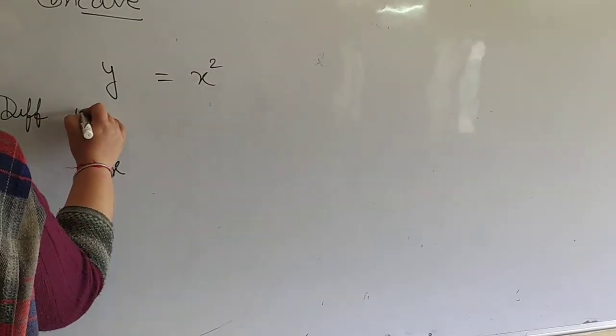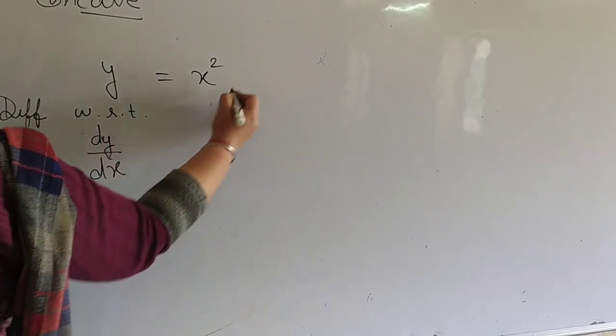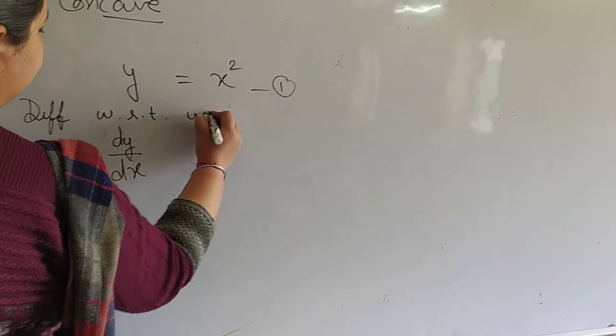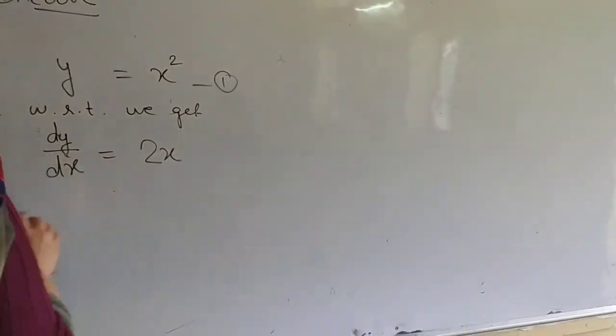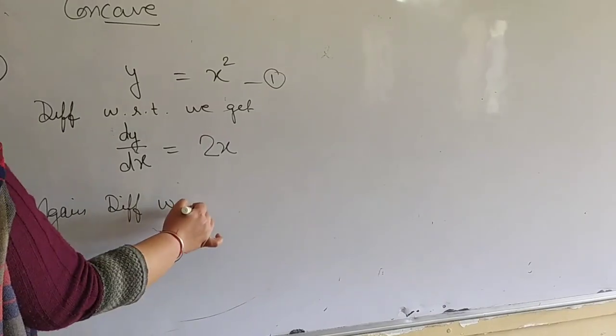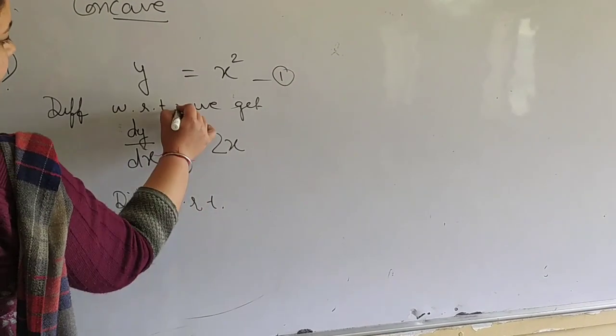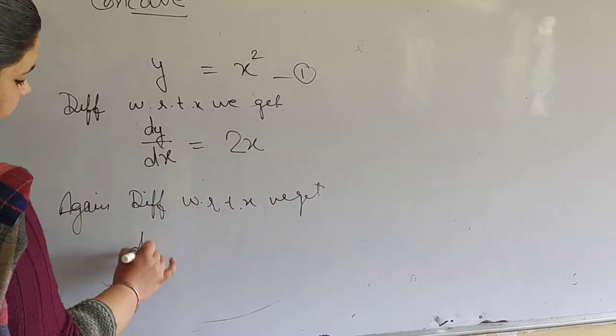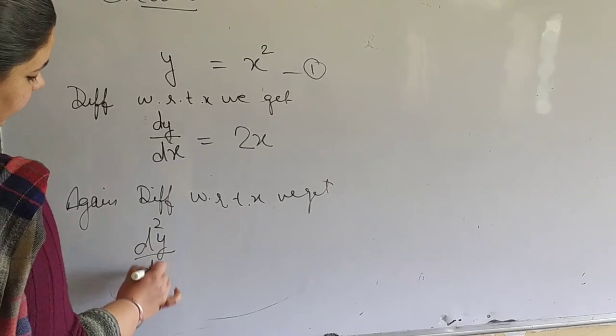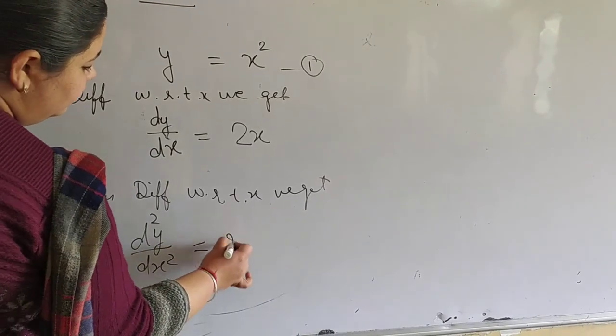Differentiating both sides with respect to x, we get dy upon dx is equal to 2x. Again differentiating with respect to x, we get the double derivative is equal to 2.